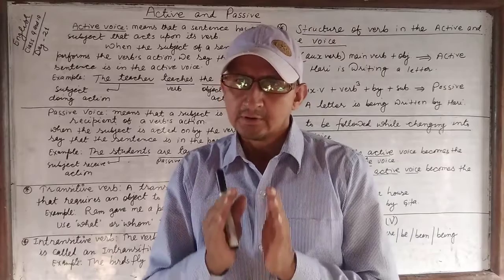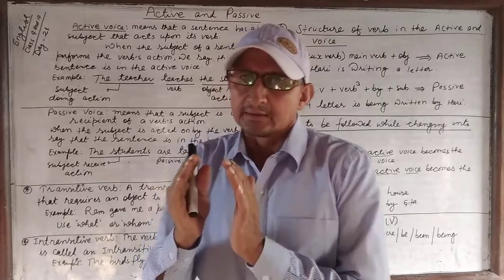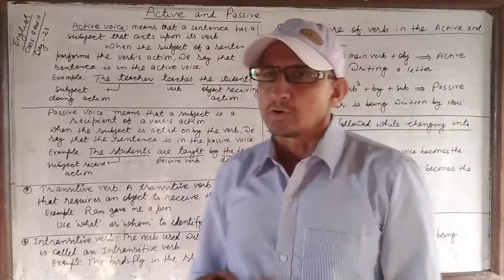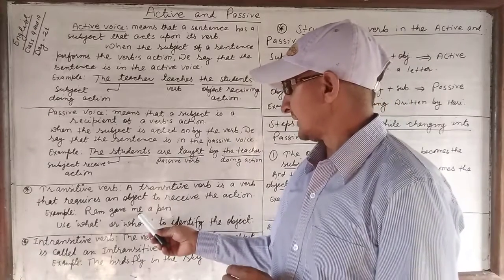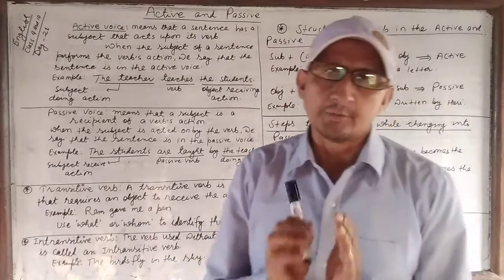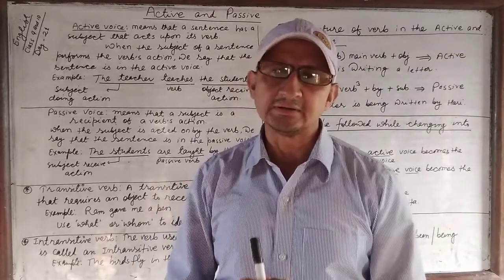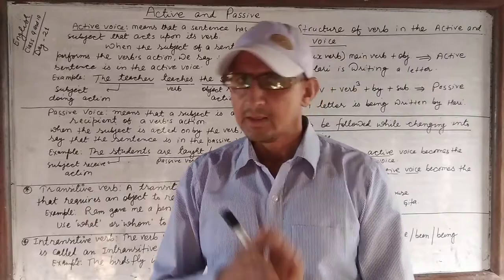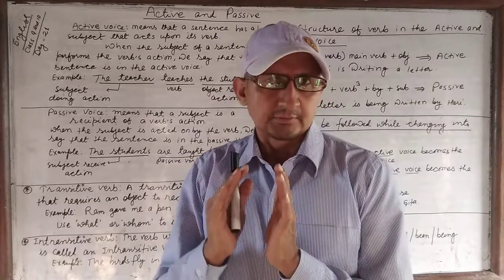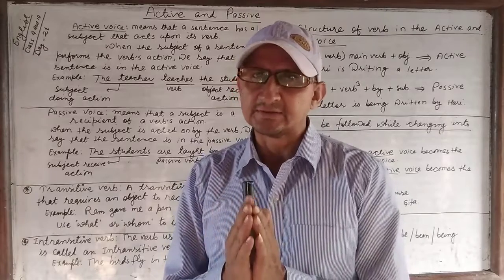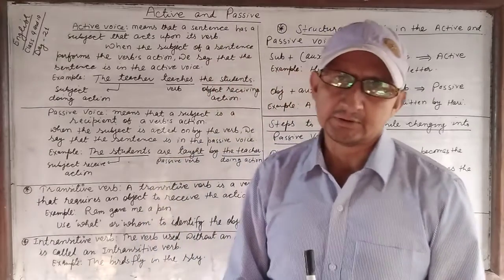If you question whom does Ram give, the answer comes: me. Me is an indirect object. In this way, to know the transitive verb, you have to know the object.